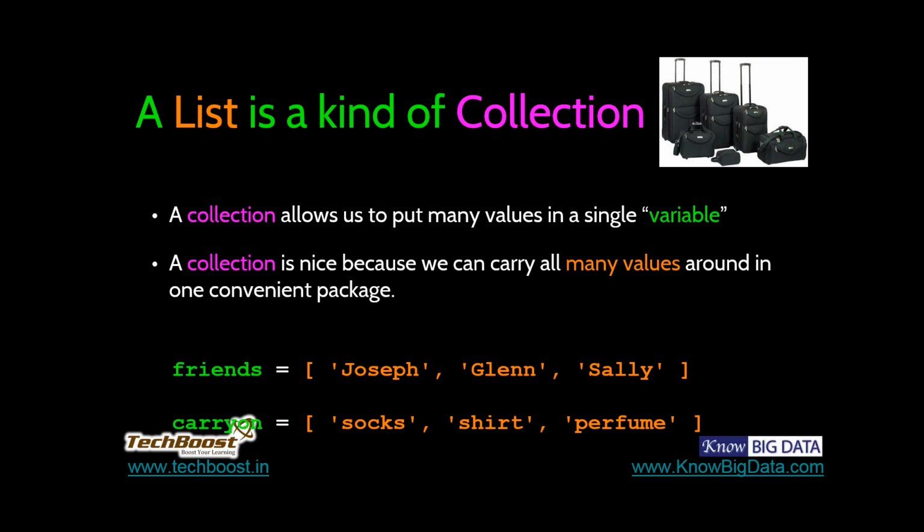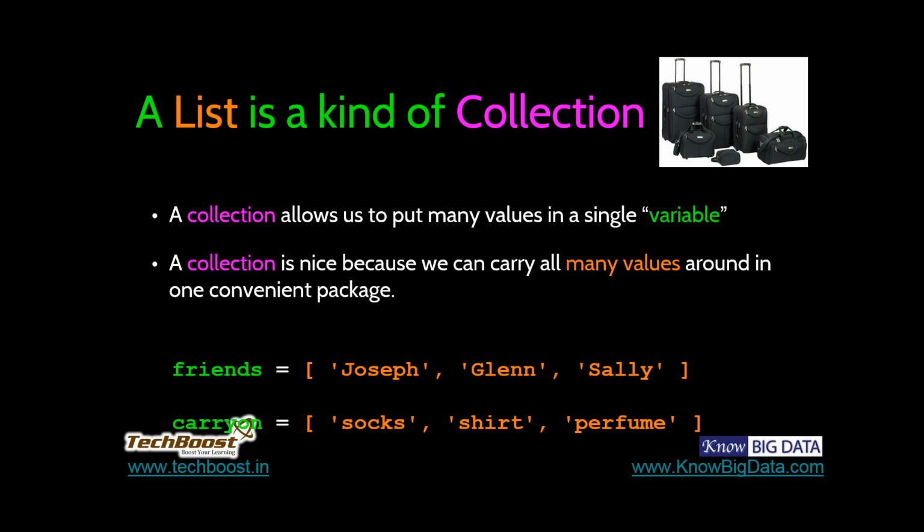All right, so list is again a type of collection. So collection is nice because we can carry all many values around in one convenient package. It gives us a convenient way to put all things together as a package, right?